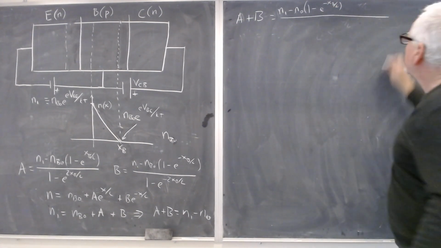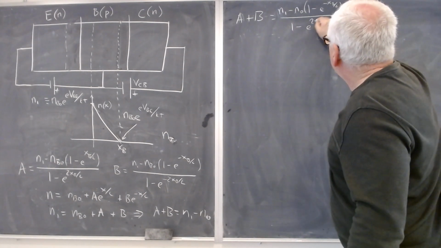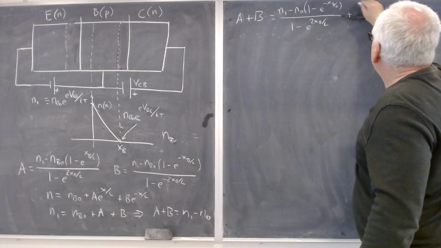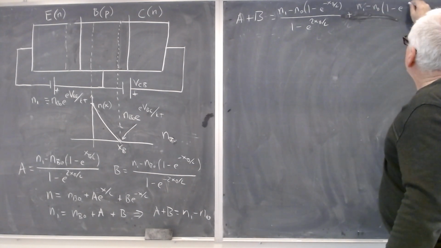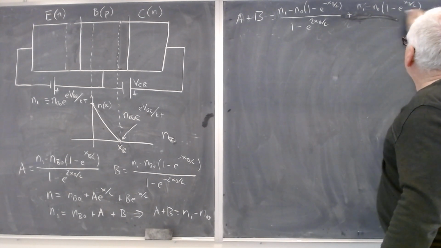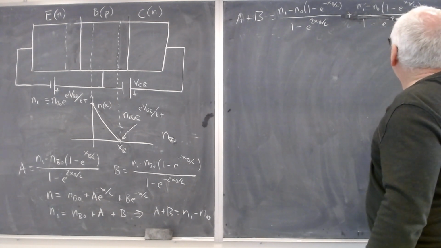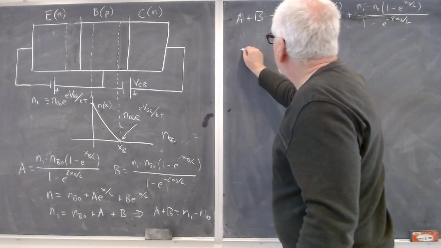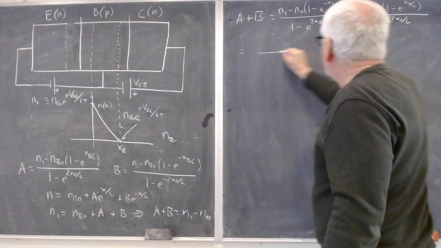Okay, so that's A and B, and then that's B. So what do we do? Well, you know what to do here. You put it under a common denominator.